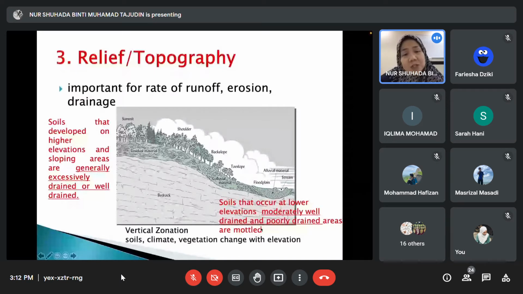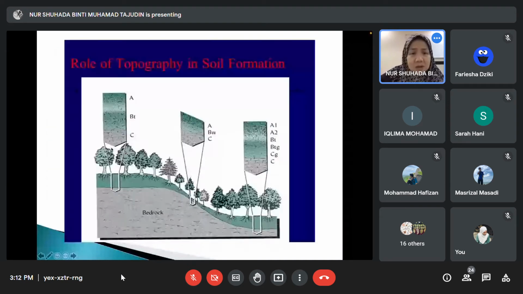Okay, the soil formations are different in these 3 parts. Okay, obviously you can see, because here the water is well drained. Okay, but here it is thinner. The soil formation thin ataupun sometimes there is no soil formation here because the soil is constantly moved.